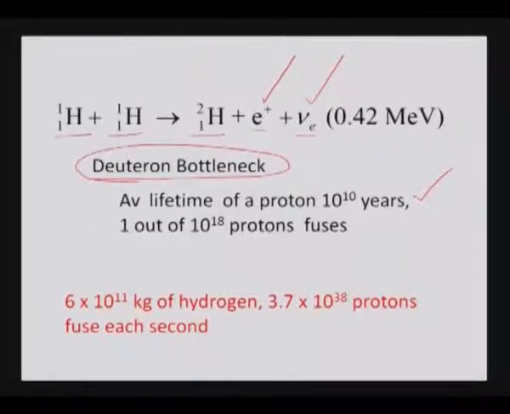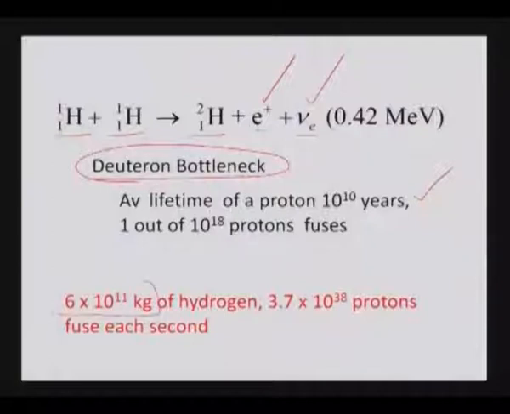Extremely low probability, but since the total number of protons present is so large, even at this low probability some 6 into 10 to the power 11 kilograms of hydrogen, or 3.7 into 10 to the power 38 protons, fuse every second inside the core of the sun.